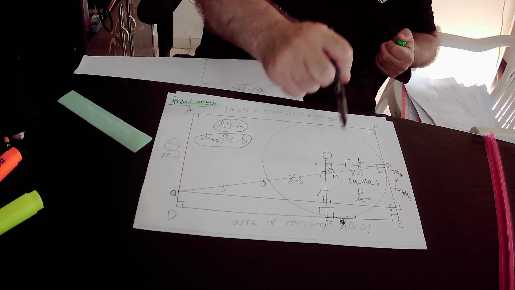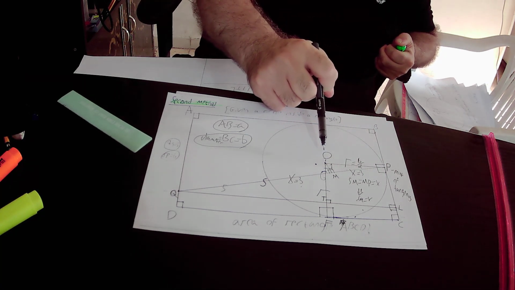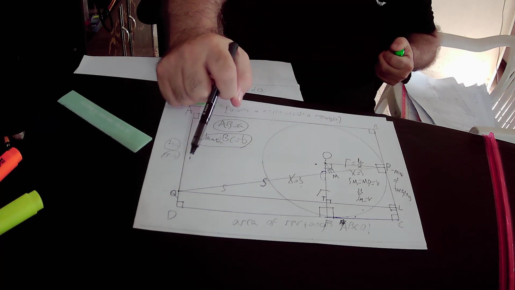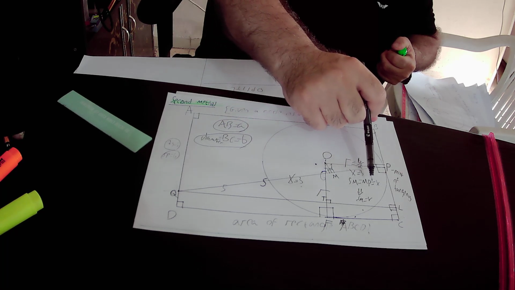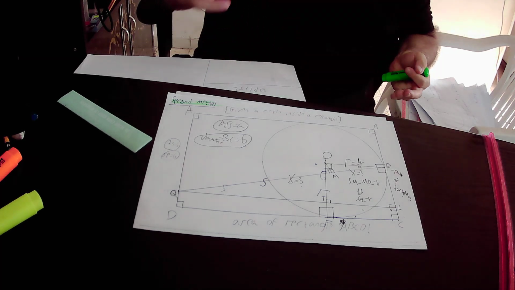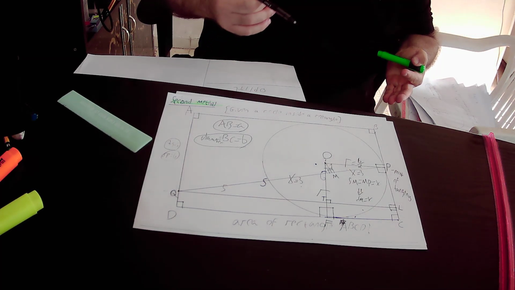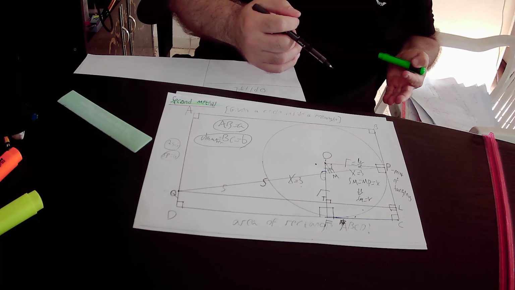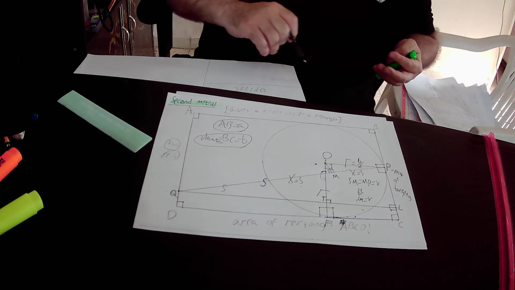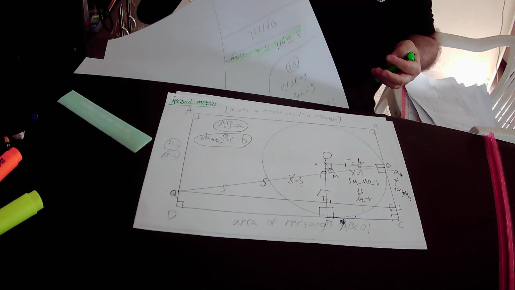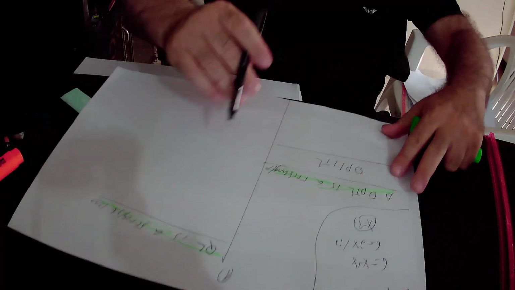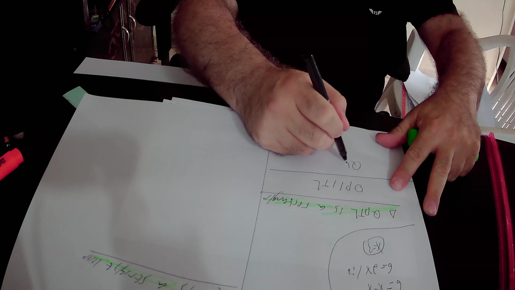Again, if TL is parallel to OP, it means that QL itself must also be parallel to OP. Therefore QL must be parallel to OP.